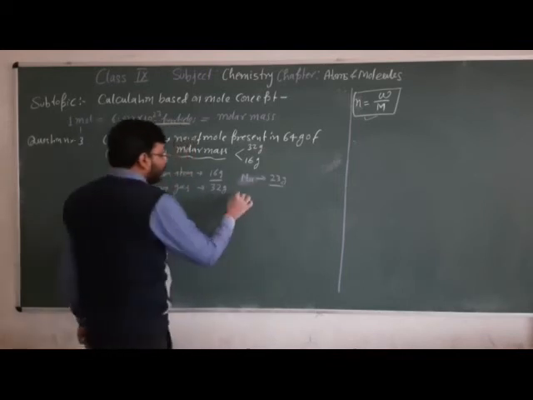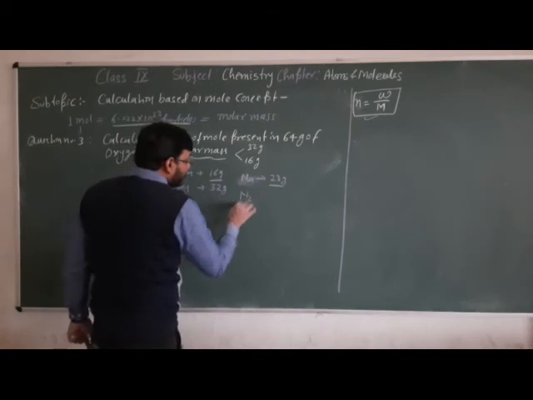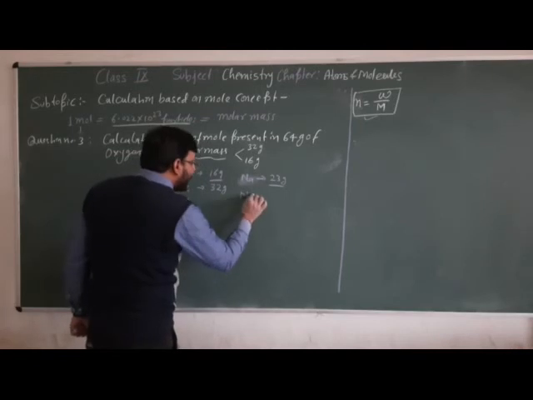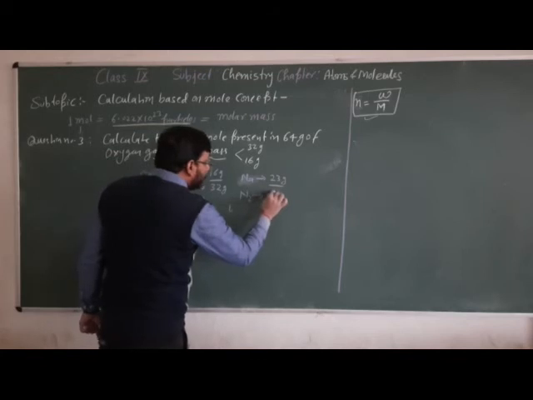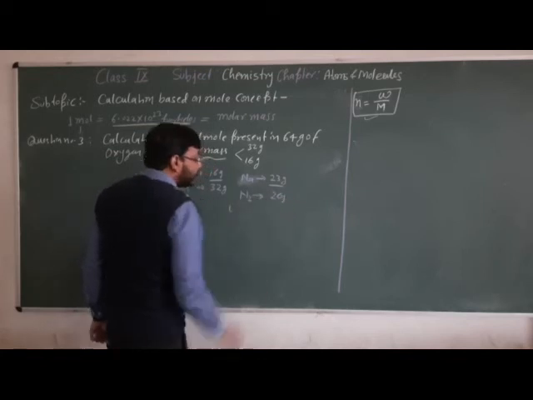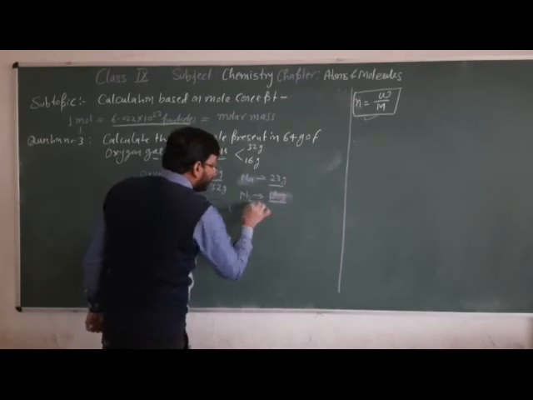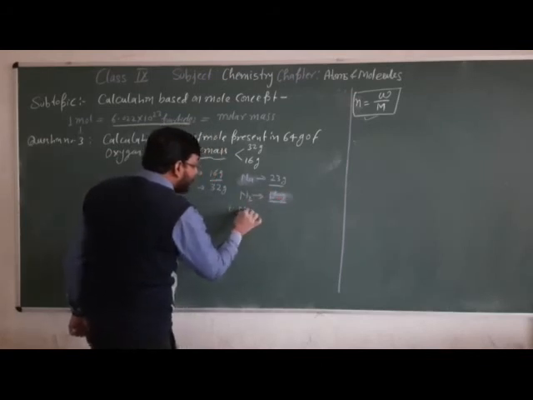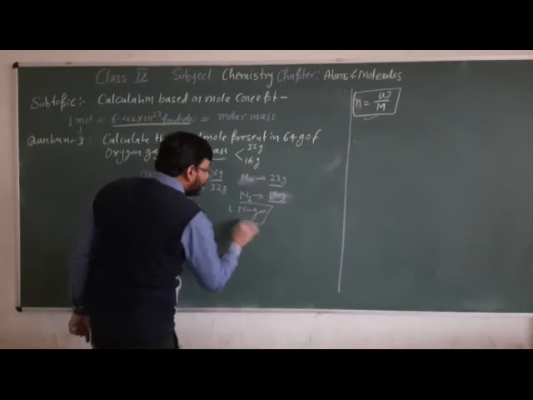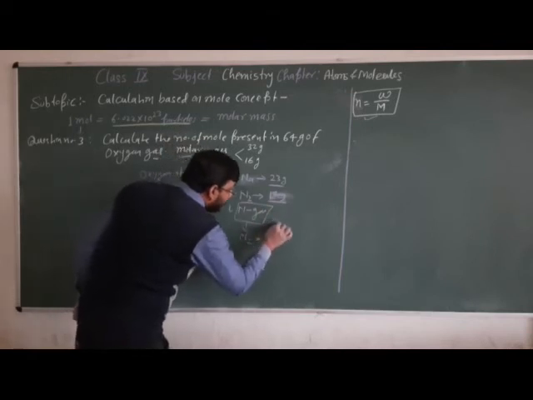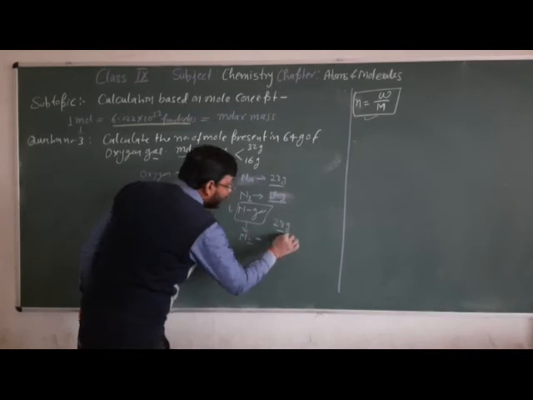But in case of gases, for nitrogen, if they ask in the question what the molar mass of nitrogen atom is, then you write 14 gram. But nitrogen gas means nitrogen molecule, so your molar mass should be 28 gram.